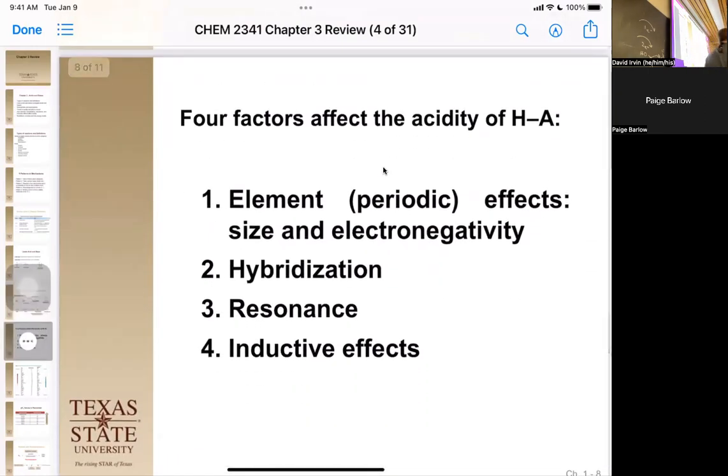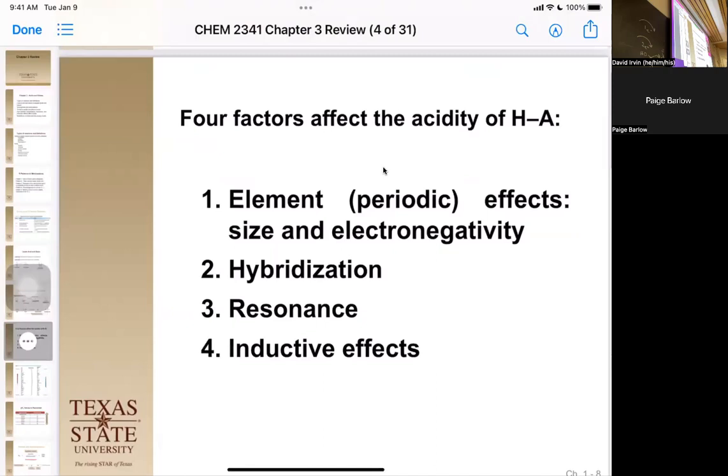Okay, so know the four factors. Element. The more electronegative it is, the more acidic it's going to be, right? So we're moving up to fluorine, but wait, hold it. That's not the only thing. It's also size. As we're going across a row, acidity increases. We're going from boron to fluorine, acidity increases.